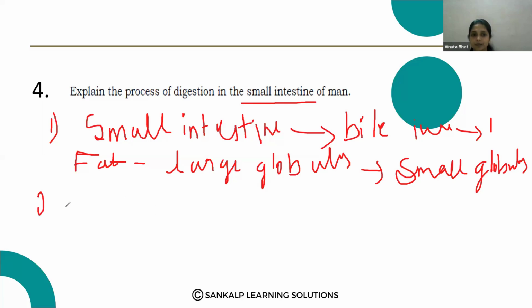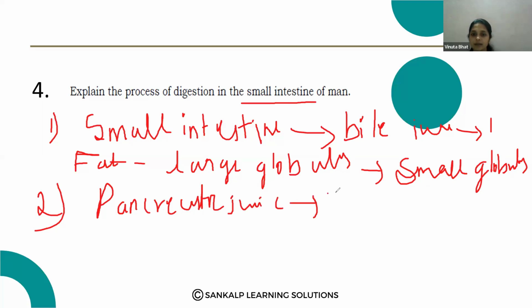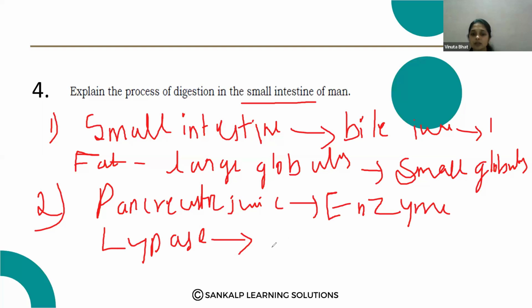The second step, the small intestine receives the pancreatic juice from the pancreas, which contains the enzyme lipase, which helps in the fat digestion.